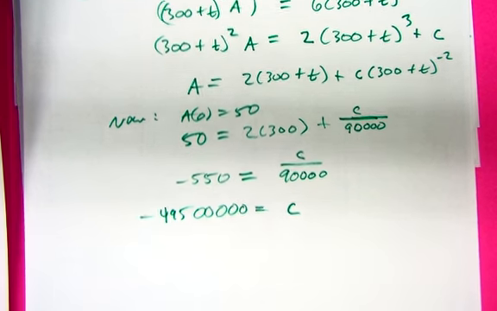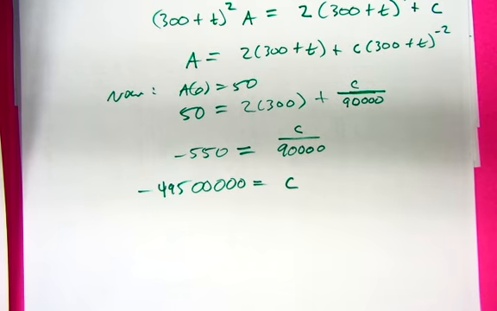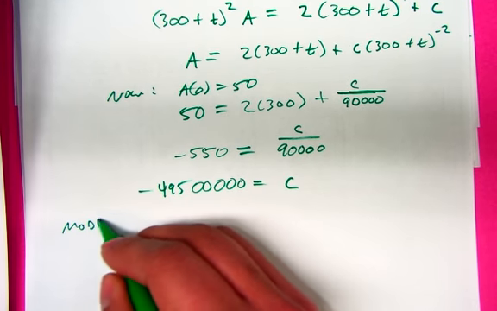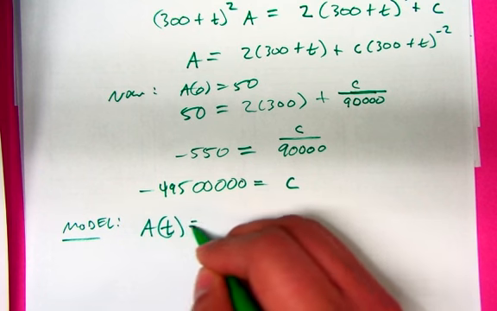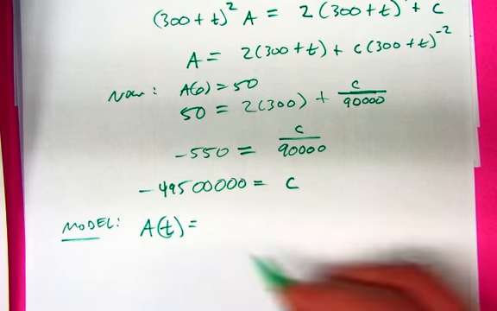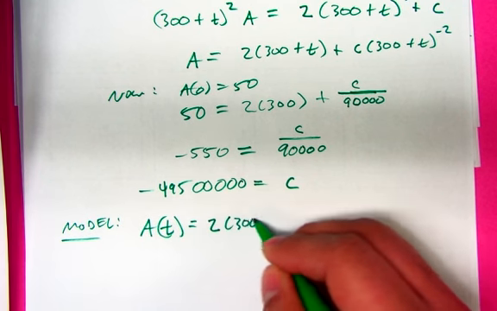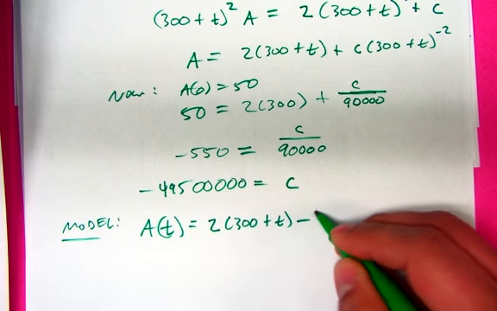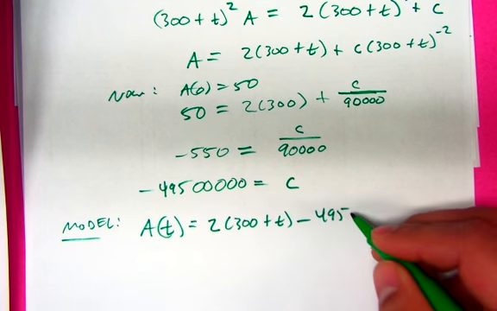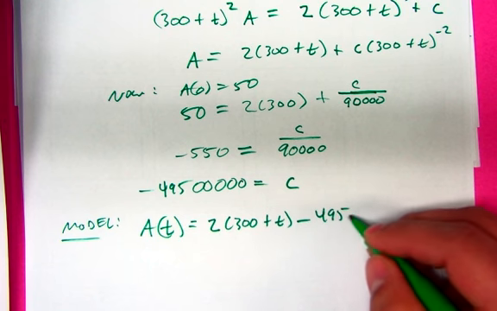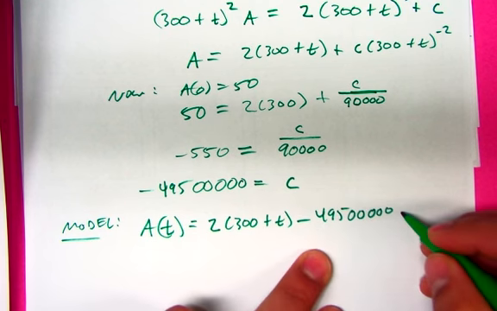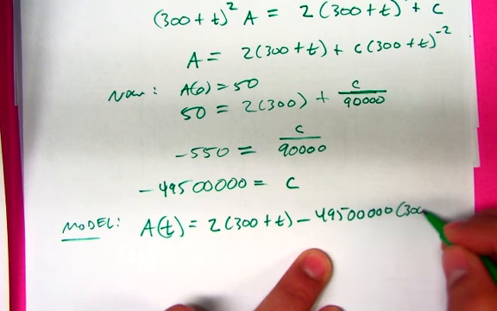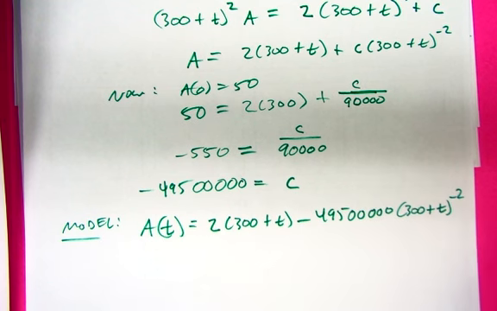Right, so there's our constant. And now we have our model. So A of t will be 2 times 300 plus t minus 49,500,000 times 300 plus t to the minus 2.